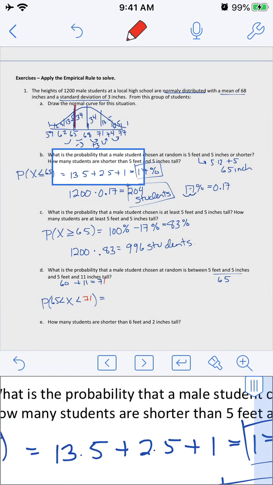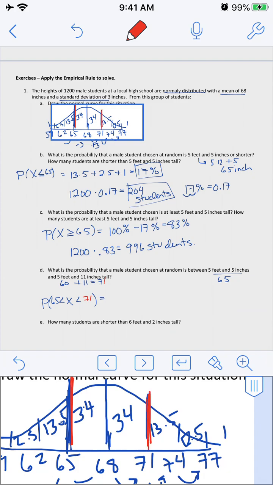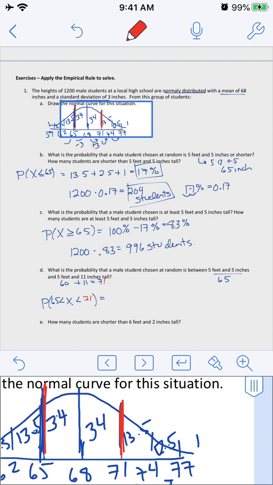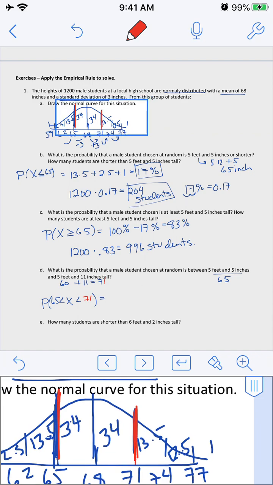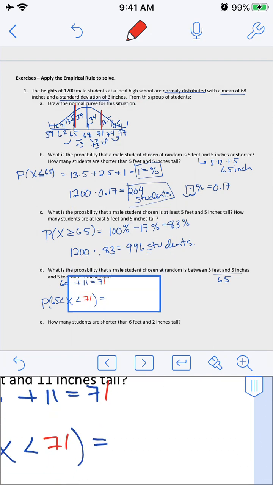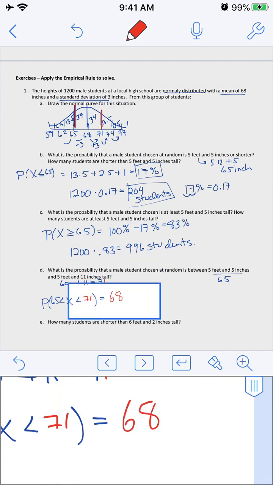Okay, so 71 is right here. With 72, we'd kind of be at a loss, right? We wouldn't be able to find a line that actually fits because we don't know anything about 72. But we've got 71 anyway. So here we see, oh, it's between those two marks. Oh, that empirical rule. They're both one standard deviation. Cool. Add up 34, 34. We get 68%. 68% is between 65 and 71.